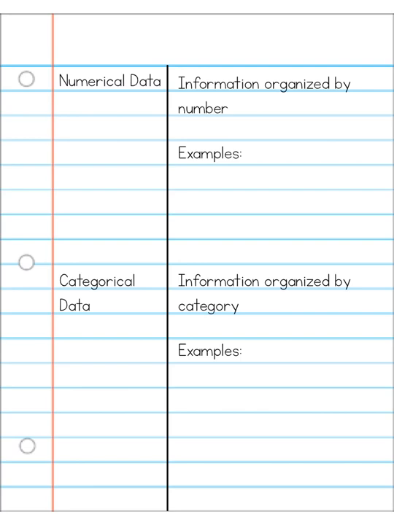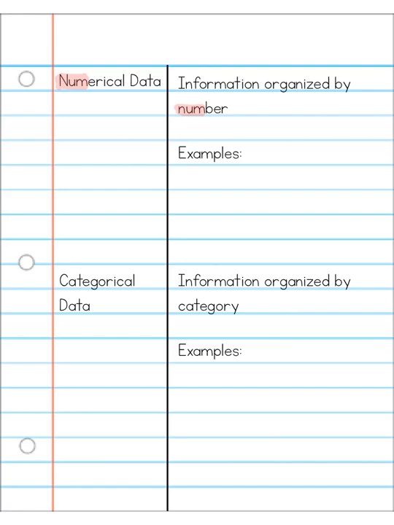Now we're going to take a deeper look at the two different types of data that we talked about, numerical data and categorical data. Numerical data, as we said before, is information organized by number. If you're looking at this word number and the word numerical, they both start with that root. So that's a good way to remember it.